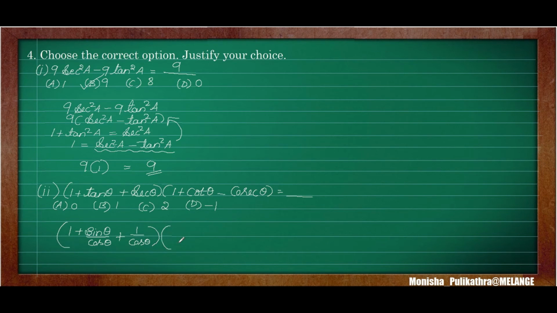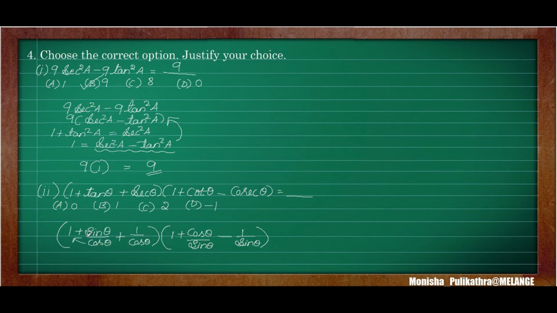Fine. So next we have to interchange it into reciprocals. That is 1 plus the reciprocal of cot theta, which is tan theta, that is cos theta by sin theta, minus cosecant theta. The reciprocal of cosecant theta is 1 by sin theta. Okay. So first we have to interchange this.